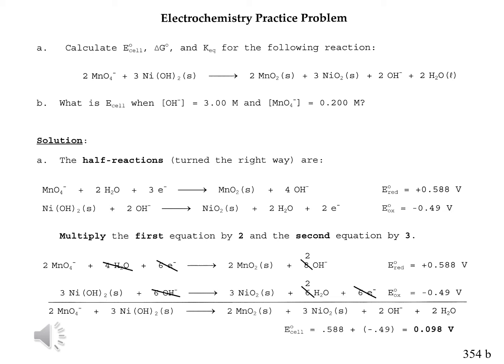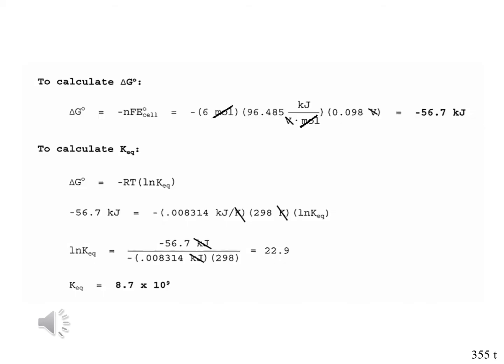So you get the reaction we started with, and the voltage is actually spontaneous because it's positive when you add the two voltages. Now, if you plug in the 0.098 volts and the electrons we crossed out, you get a negative delta G. And if you do it in the thermal equation, you get a large K.